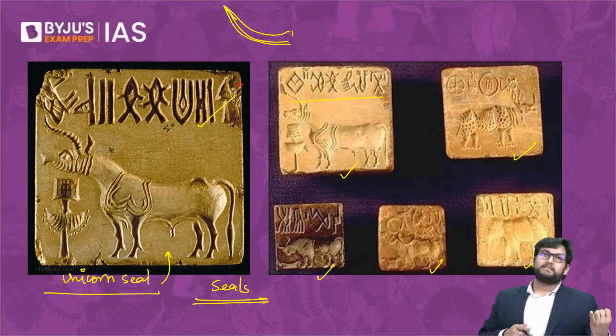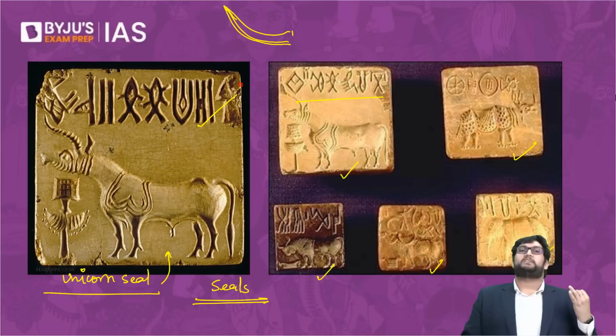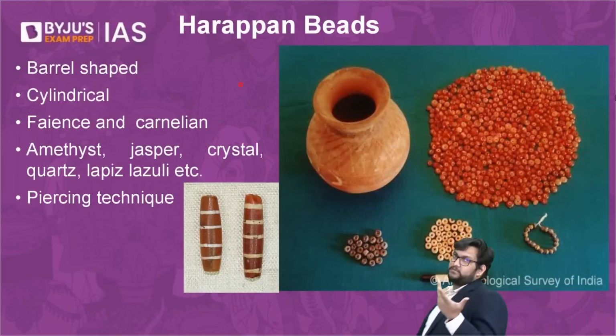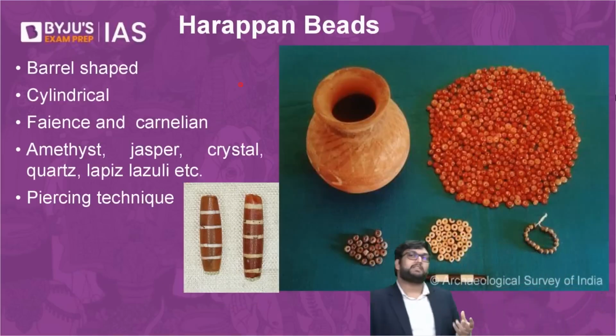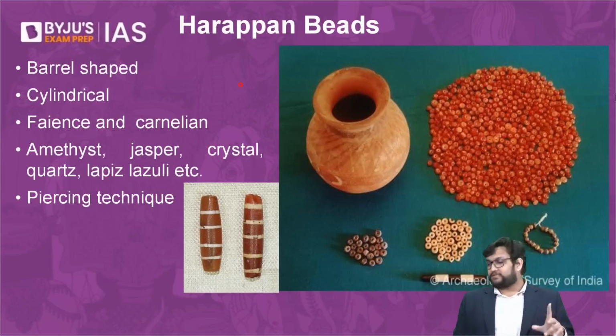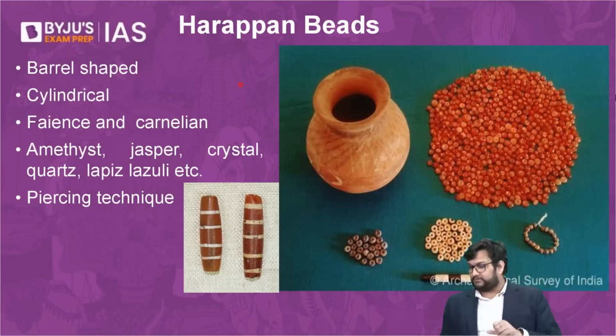So we've seen seals, we've seen day-to-day objects, we've seen bronze, we've seen copper, we've seen terracotta, we've seen steatite. Now comes another manifestation, which is beads. Again, I'm trying to show you these things. Whatever really is the basic conversation, I've already had it with you, which is technique diversity and material diversity.